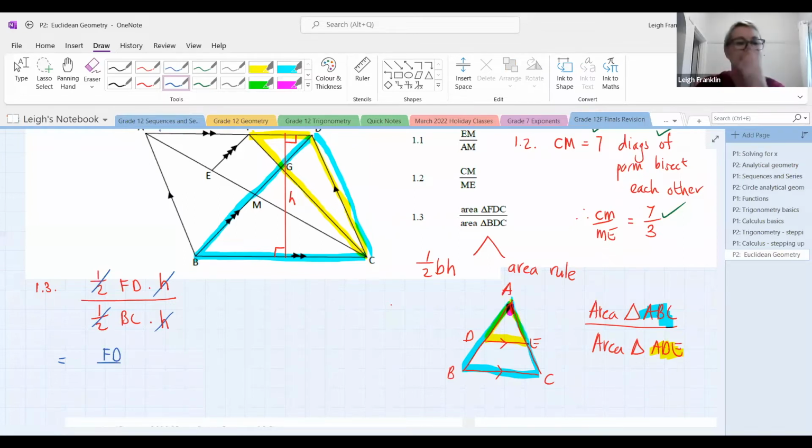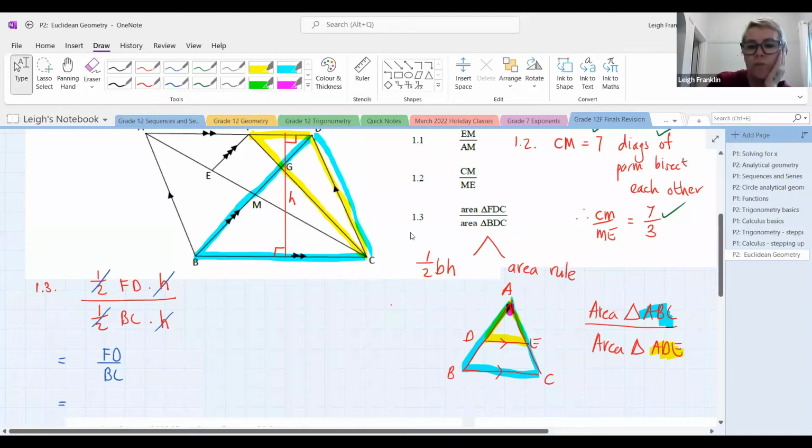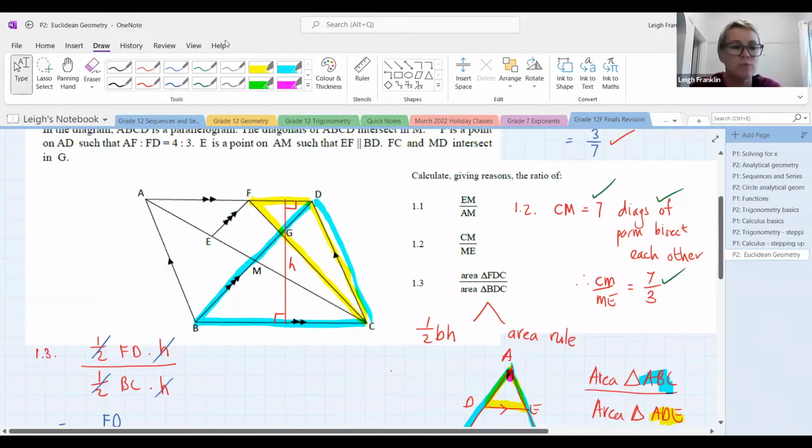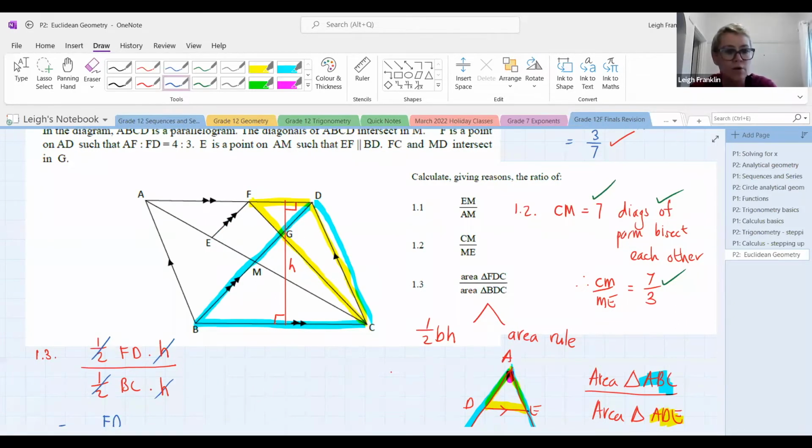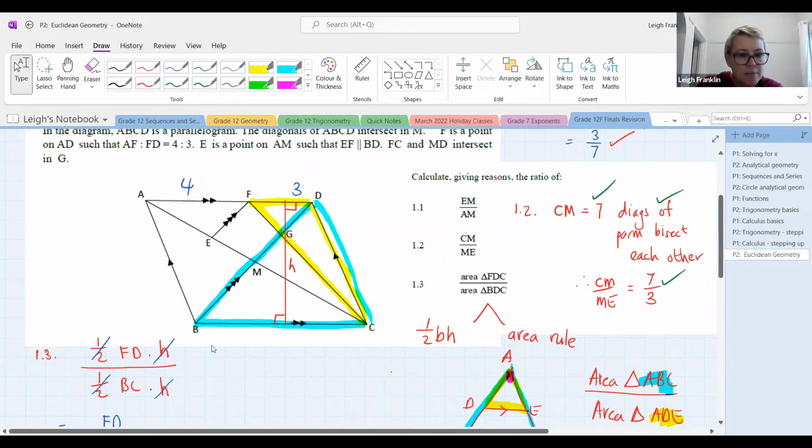Now we can fill in what those values are. We know what FD is. Unfortunately, I've rubbed it off. Remember, this was 4:3. And for BC, remember the opposite sides of a parallelogram are equal.